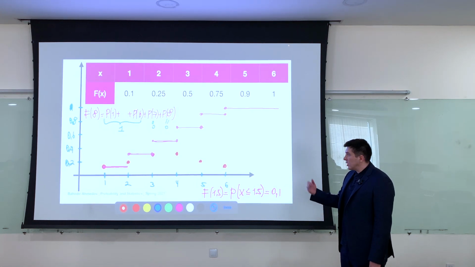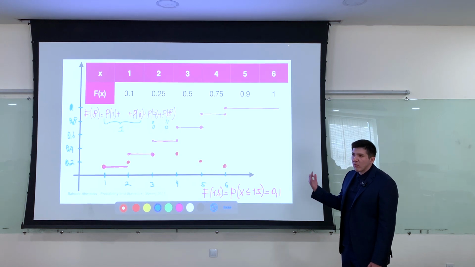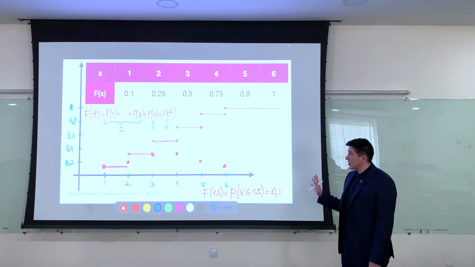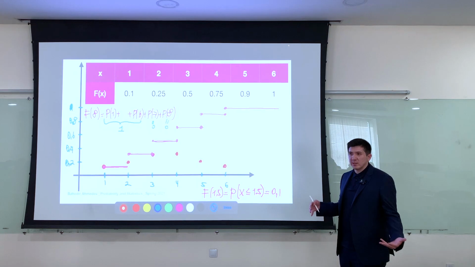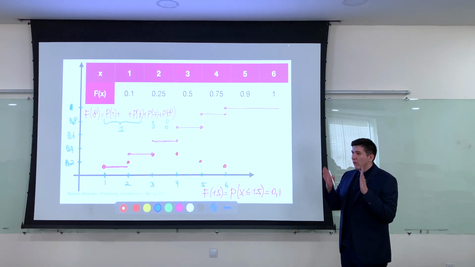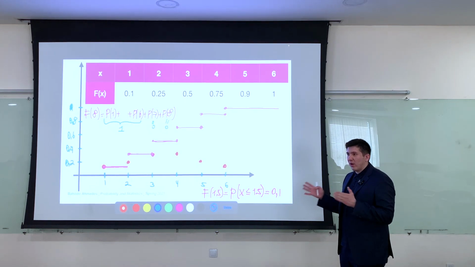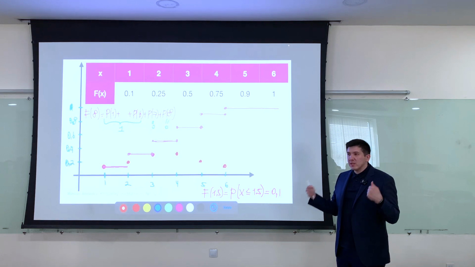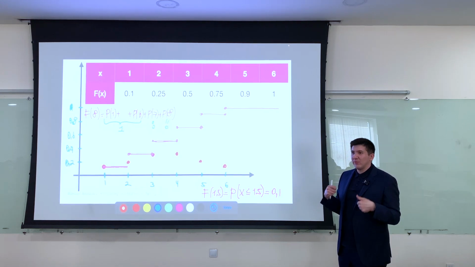Okay? So can you see the differences in the graph between the PMF and the CDF, the probability mass function and the cumulative distribution function? The cumulative distribution function is a piecewise continuous function. It has infinitely many values, okay? Of course, it is defined as piecewise, it is not fully continuous, but it has a finite number of discontinuities, if you know what I mean.